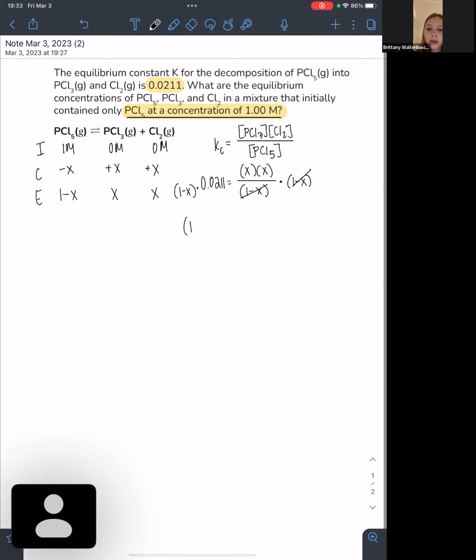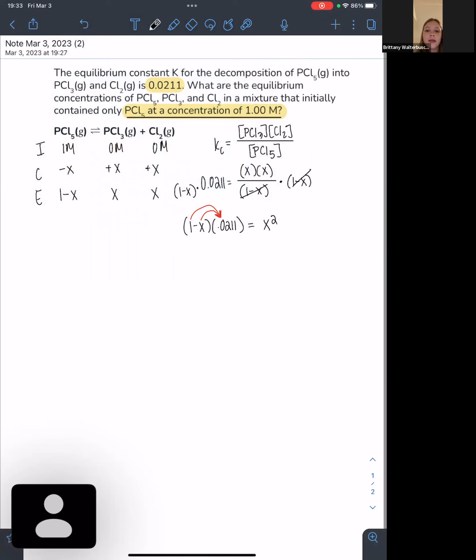So 1 minus x, and that's going to equal our x squared. Now to get rid of this 1 minus x, we have to make sure to distribute on this value and also take into account that minus in the first portion.